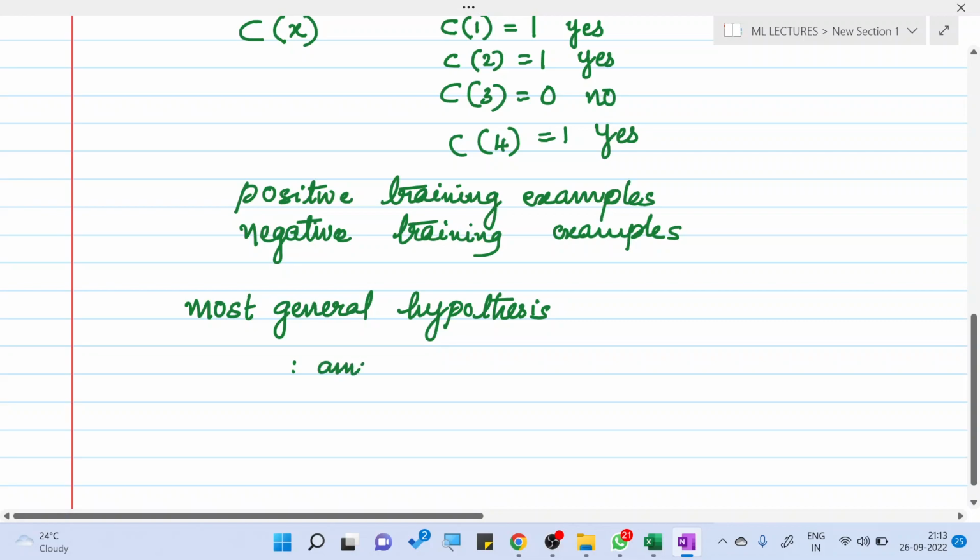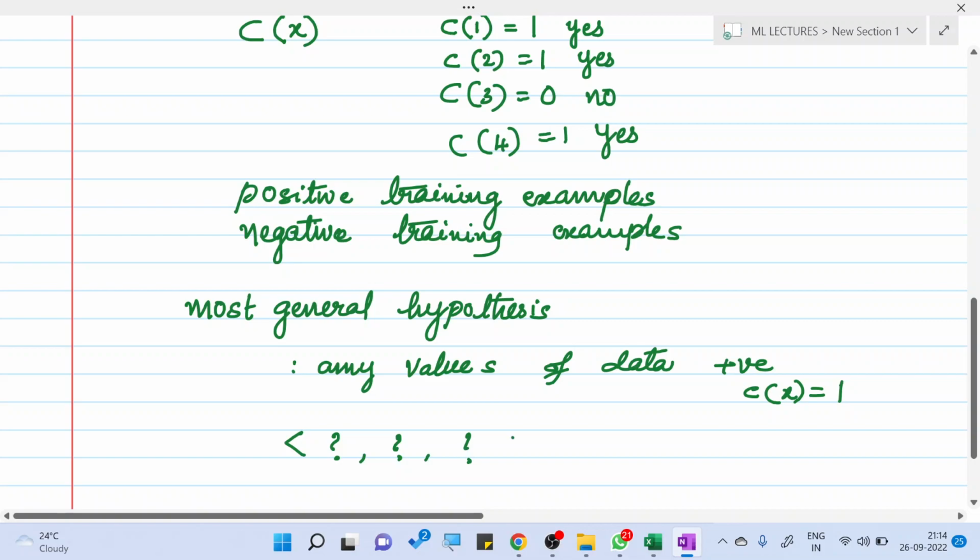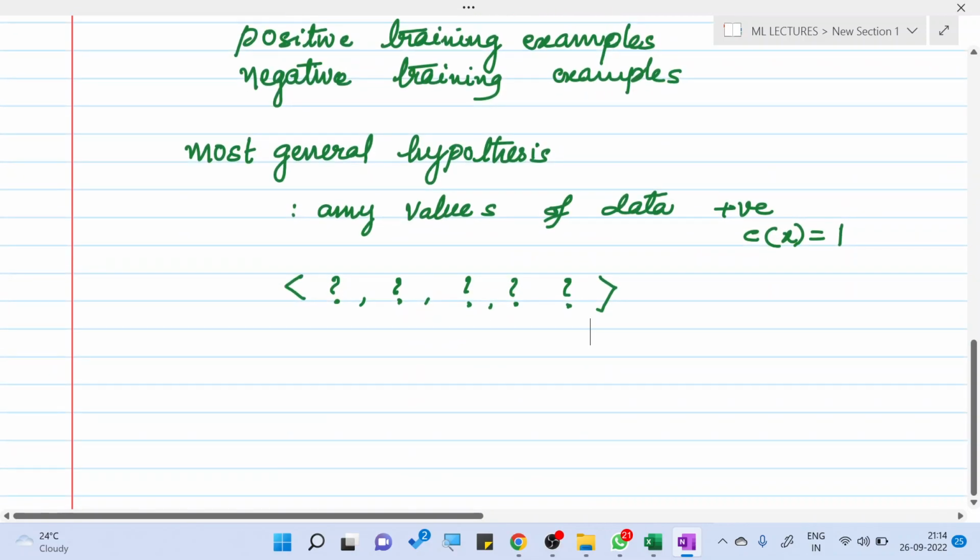Irrespective of the values of data, the given person will be positive. That means C of x, the target value, is always 1. How many attributes are there? 5. So, a question mark indicates any value is accepted. This is called the most general hypothesis.